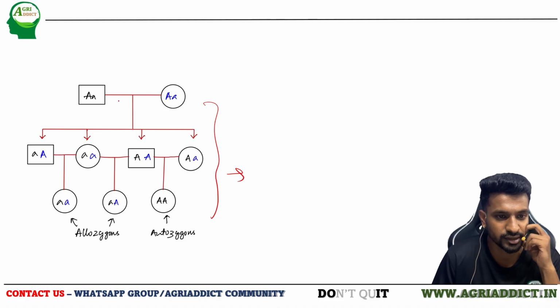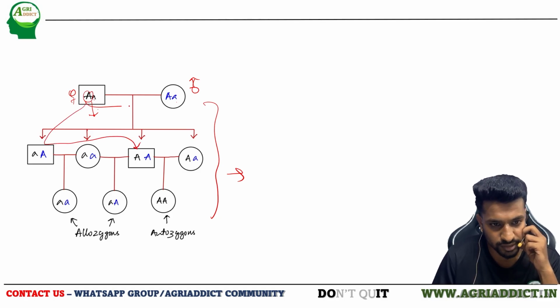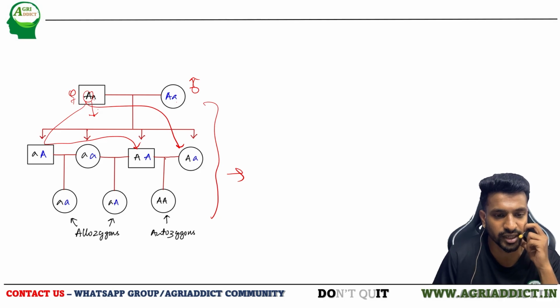So in this case, capital A, small a, capital A, small a. Different colors denote which parents they are from. As the generations go on, you can see the A being transferred to this individual, and A being transferred to this individual.